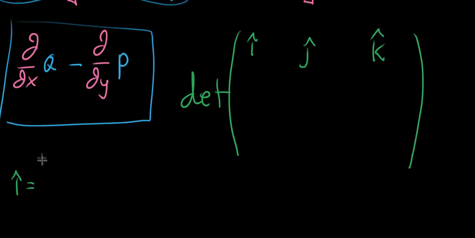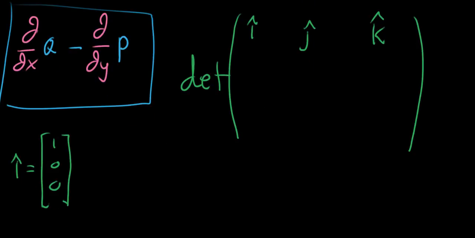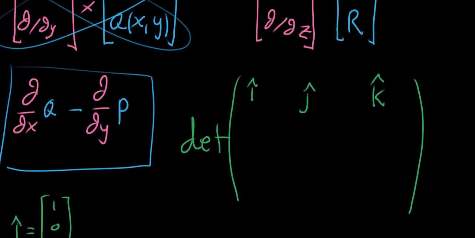So that would be i is equal to, x component is 1, but then the other components are 0. And then similarly, j and k represent the unit vectors in the y and z direction. And again, if that doesn't quite make sense, why I'm putting them up there or what we're about to do, maybe check out that cross product video. So we put those in the top row as vectors, and this is kind of the trick to computing the cross product because, again, it's like, what does it mean to put a vector inside a matrix? But it's a notational trick.